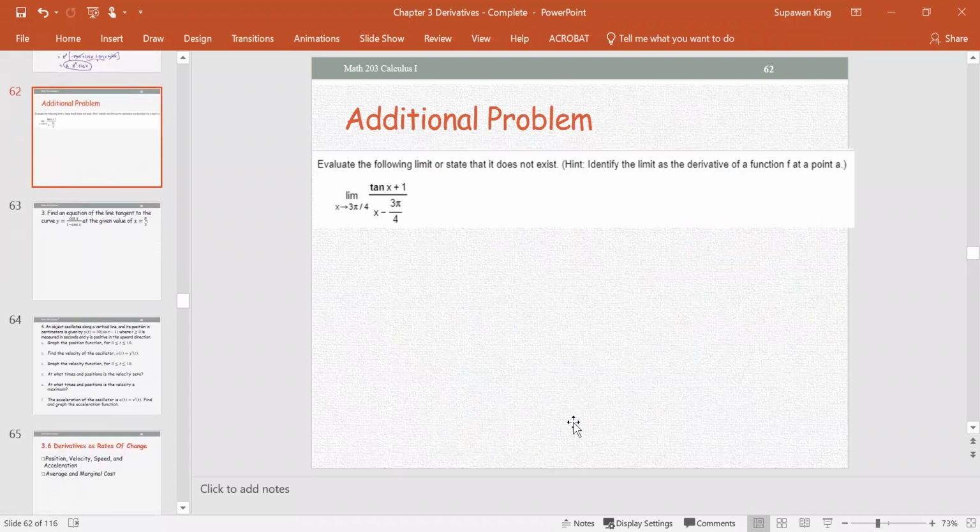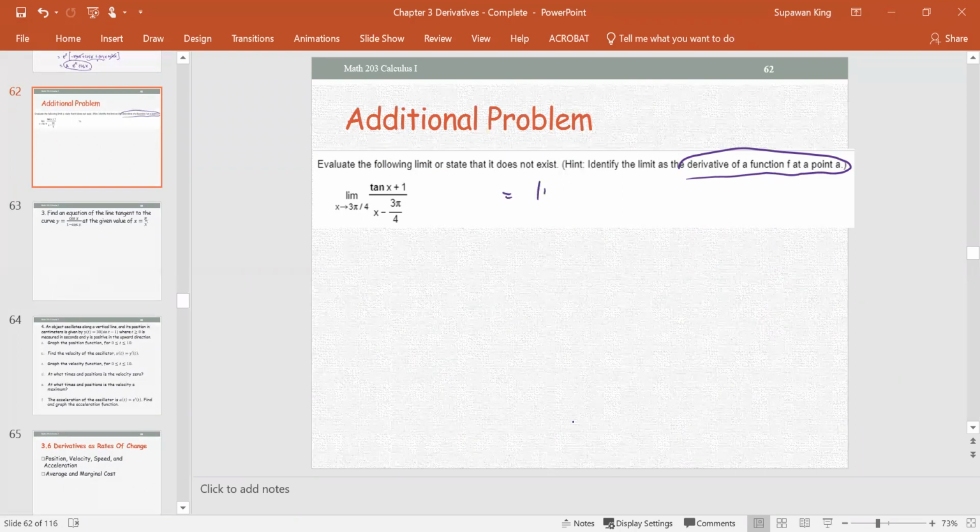Additional problem. Evaluate the following limit or state that it doesn't exist. The hint: identify the limit as the derivative of a function f at a point a. We have seen this pattern before as the limit of tangent x plus 1 divided by x minus 3 pi over 4 as x approaches 3 pi over 4.